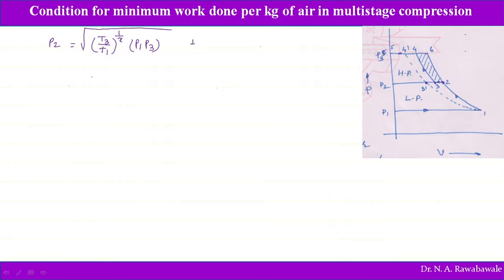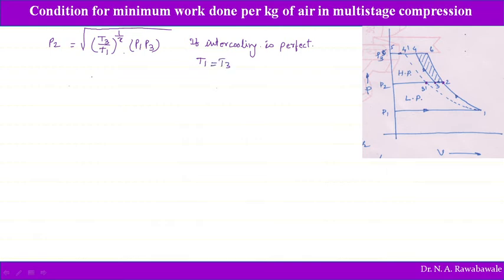So if intercooling is perfect, then T1 is equal to T3.